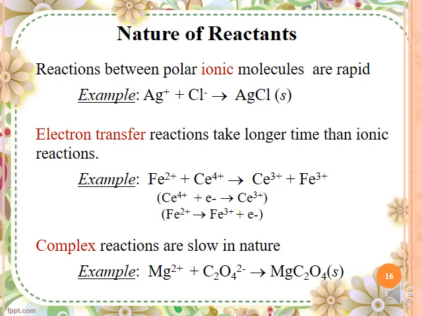First we look at the first factor, which is the nature of reactants. If we look at the first example here, the chemical reaction between silver ion and chloride ion forming silver chloride solid.